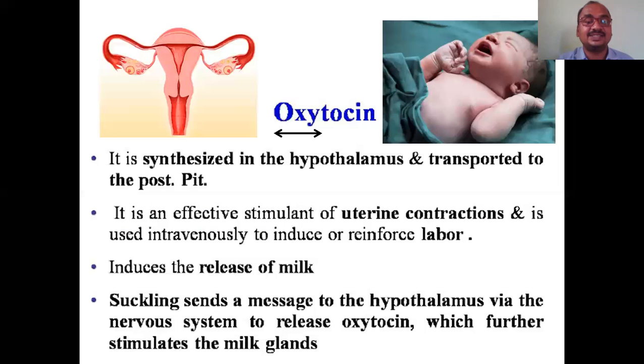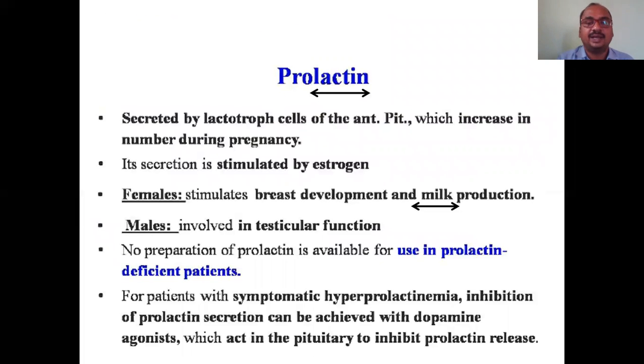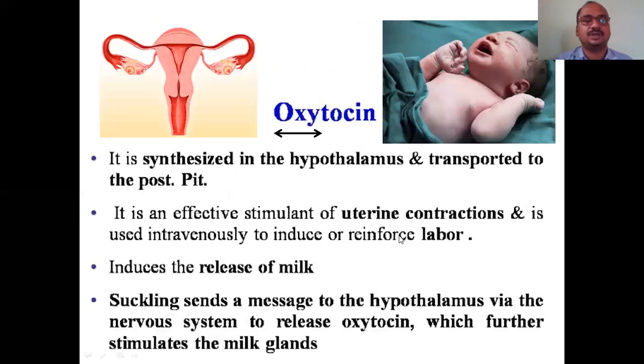It also increases the milk. It induces the release of milk. A small amount of prolactin is main, whereas prolactin is for milk production. Here, oxytocin induces the release of the milk. That point is very important.